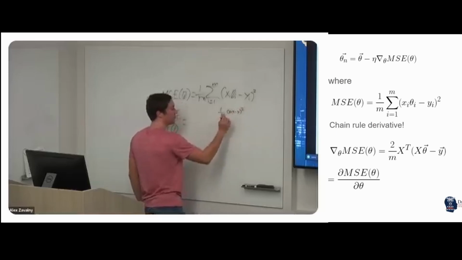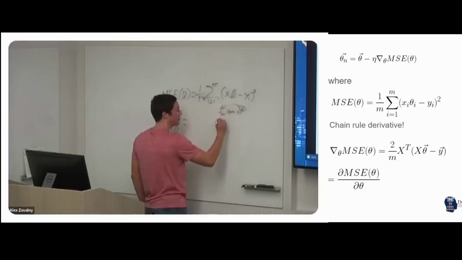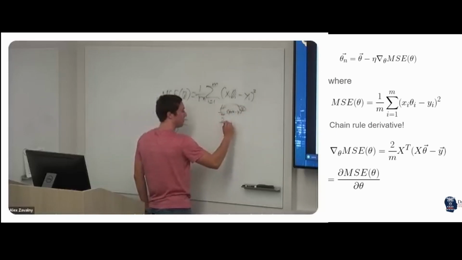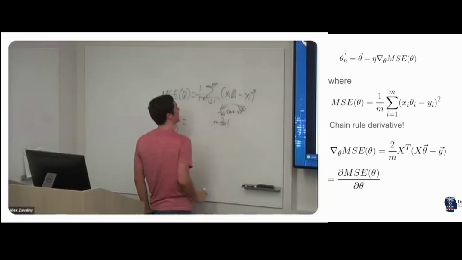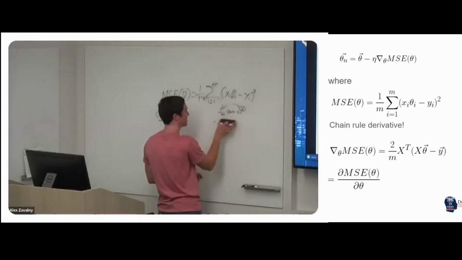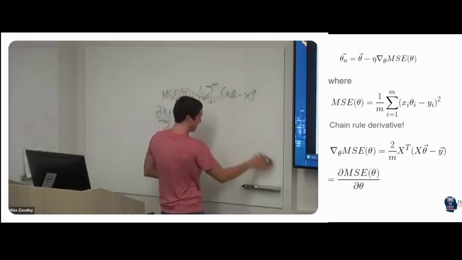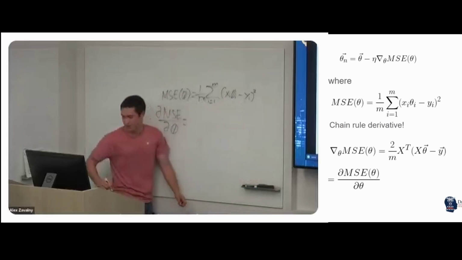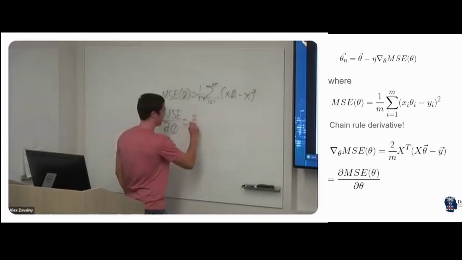To take the derivative of this, the 2 comes down, so it's 2 over m, and then there would be times m as well. But because m is going to be a vector in this case, I'm not going to do the scalar comparison. So what this is going to be equal to is 2 over m.